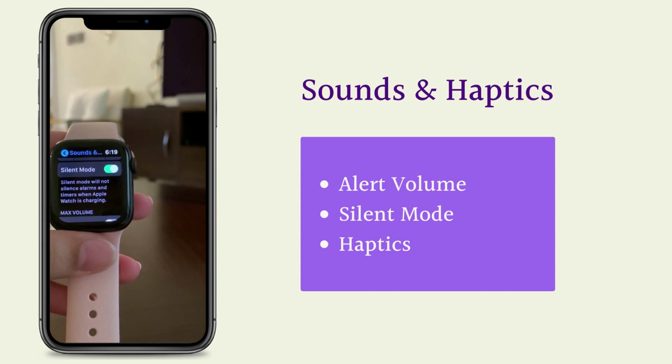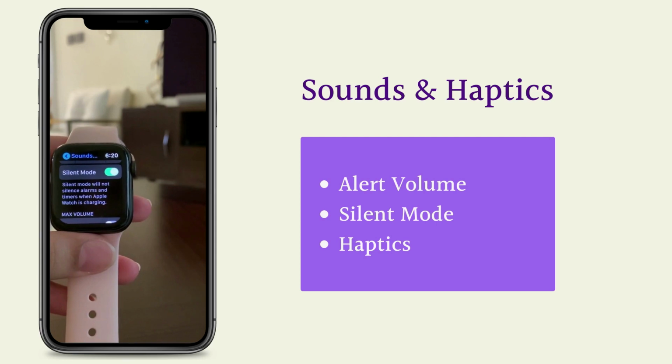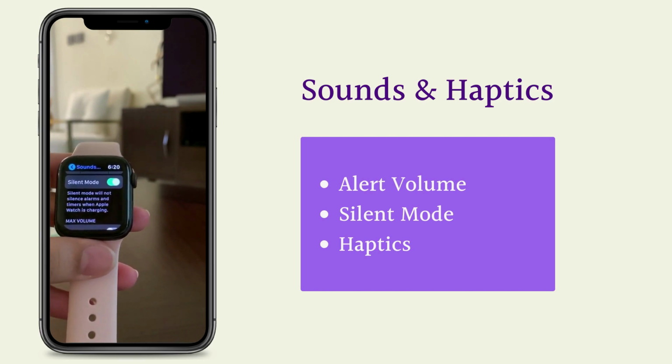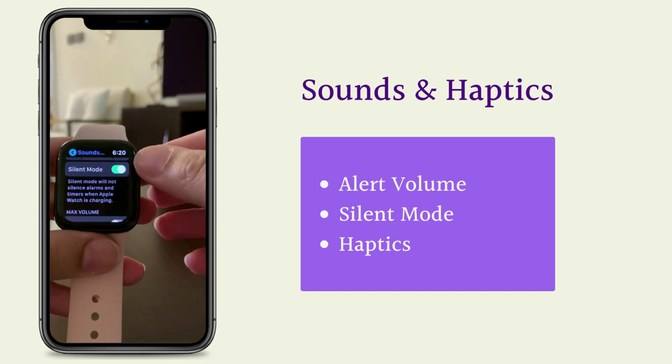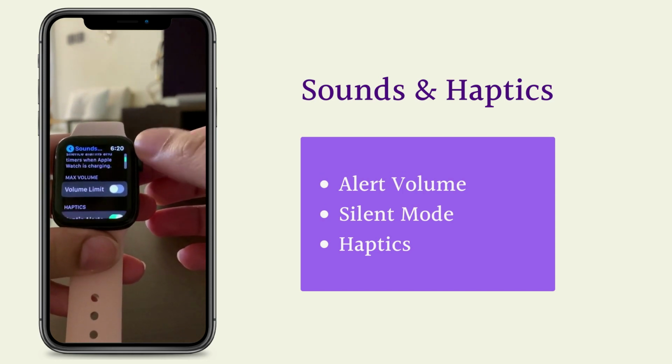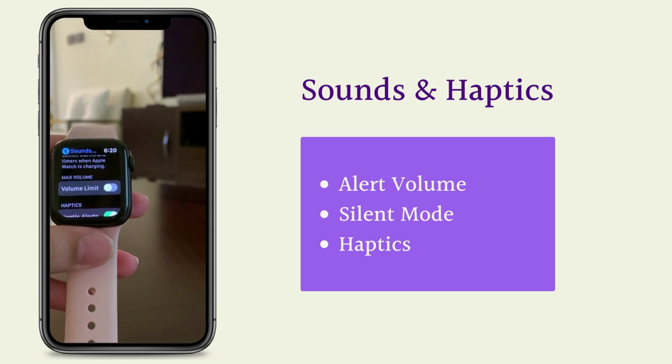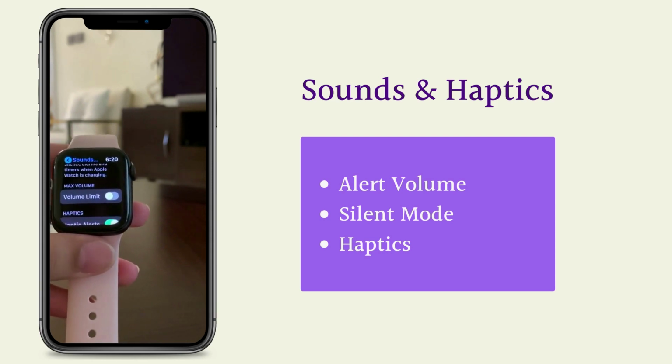If you want your timers and alarms to go off even when you got the rest of the sounds muted, then you want to have that checked, and I do. And if you scroll down a little bit more, you will see volume limit. And you can limit the volume, and I've unchecked that.